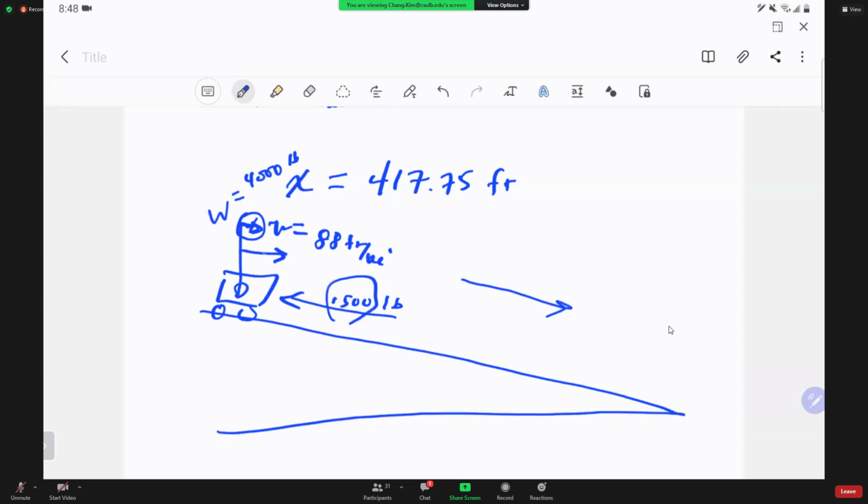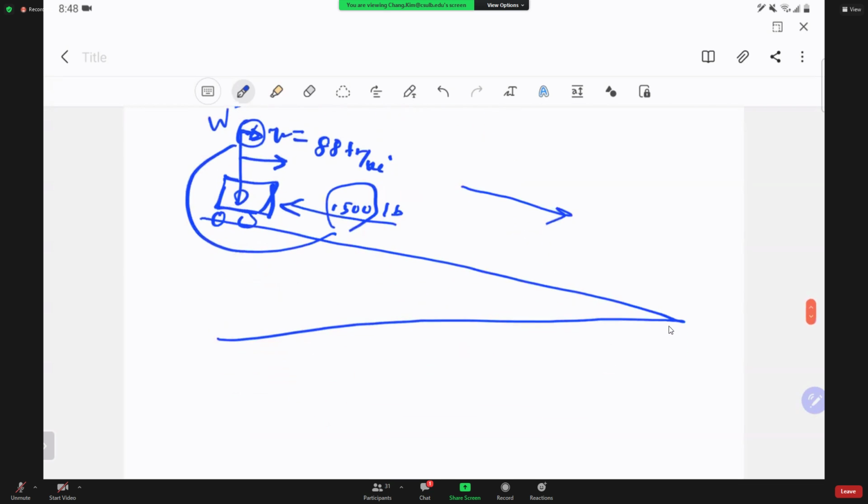So the net force between these two is the actual force resisting the motion. Okay, and so by applying the energy conditions, you can solve the dynamics problems.